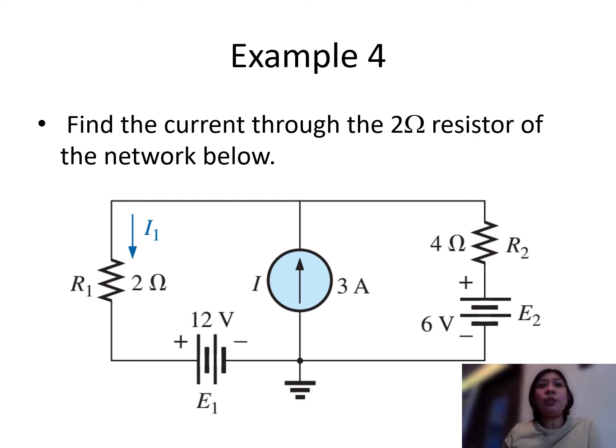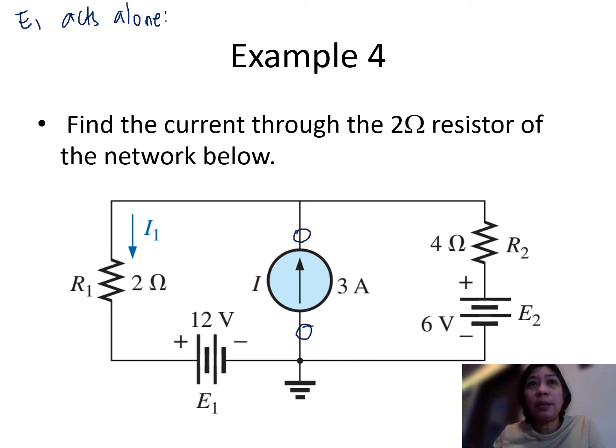Let us start first with E1. When E1 acts alone, this becomes an open circuit and this is a short circuit. If we are going to redraw the circuit, it is like this.